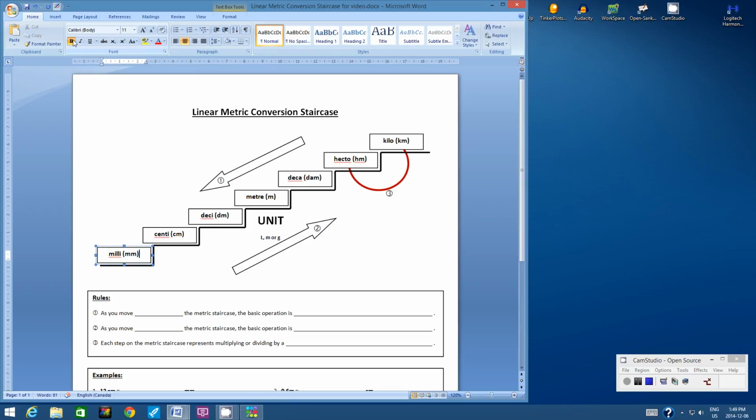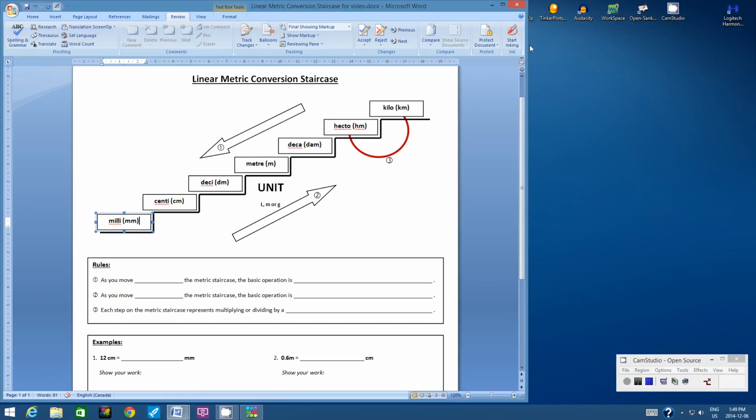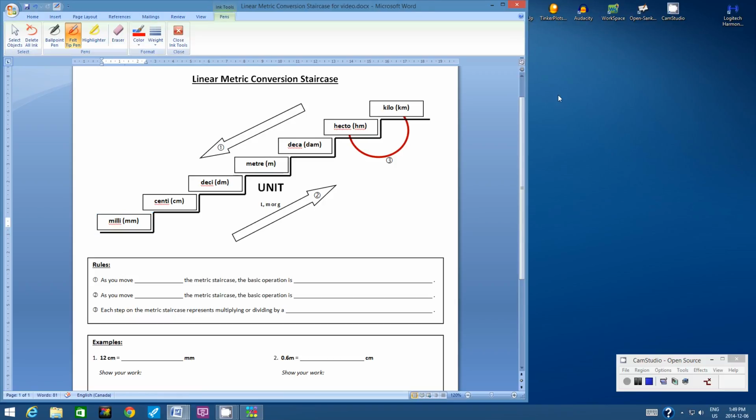So how do we use this metric staircase? Let's go on and review our rules. So rule number one, here's a pictorial representation of rule number one.